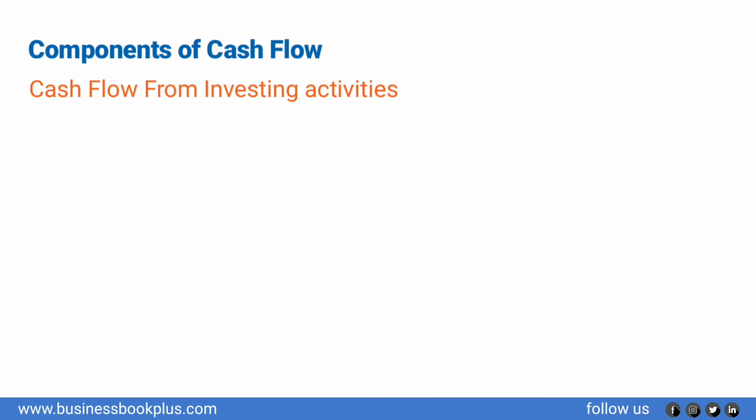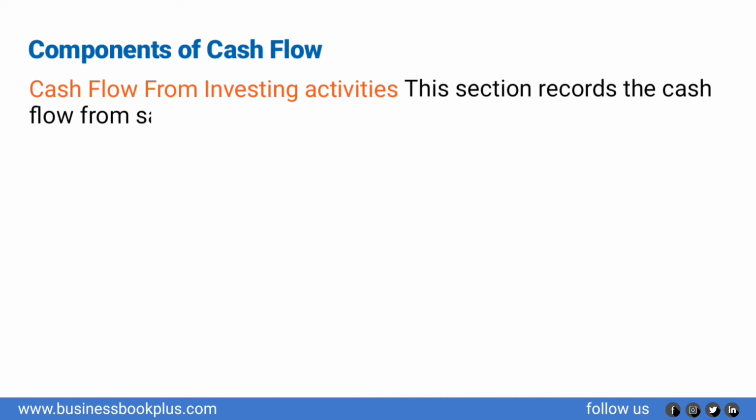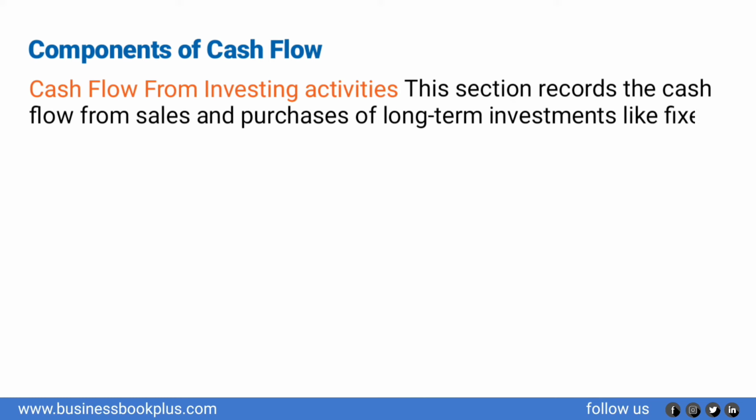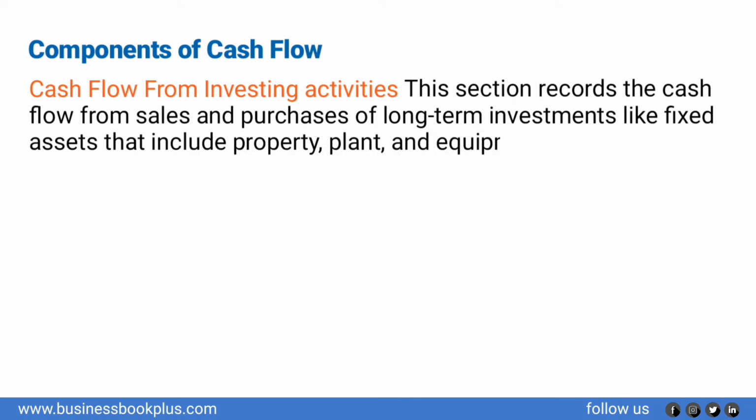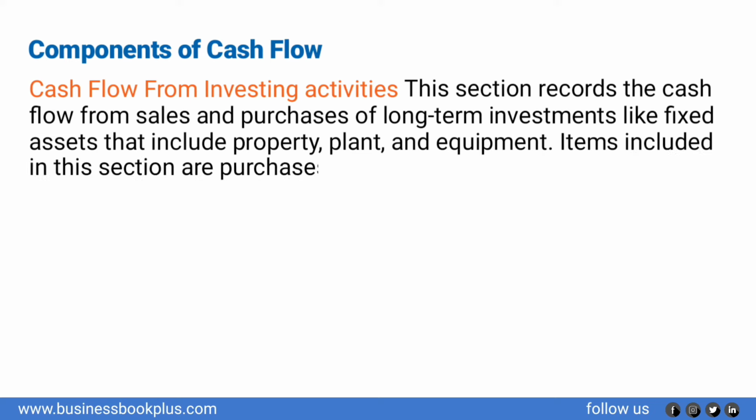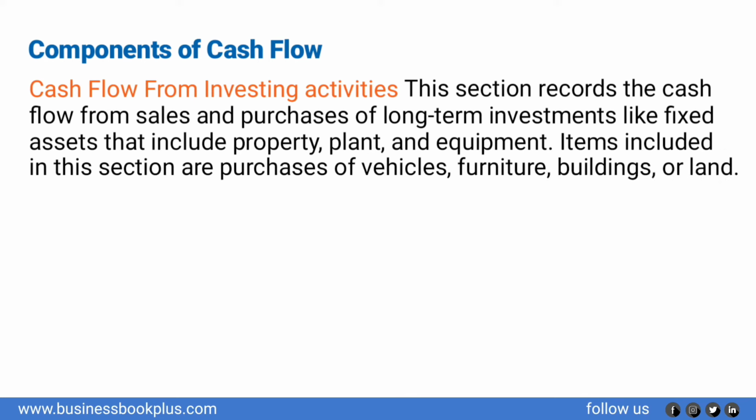Cash flow from investing. This section records the cash flow from sales and purchases of long-term investments like fixed assets that include property, plant, and equipment. Items included in this section are purchases of vehicles, furniture, buildings, or land.